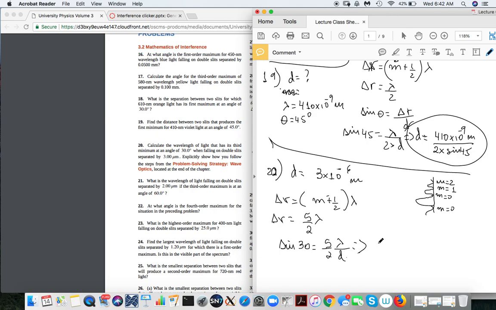So then we can solve for lambda. Lambda is equal to d times sine 30, divided by 5/2.